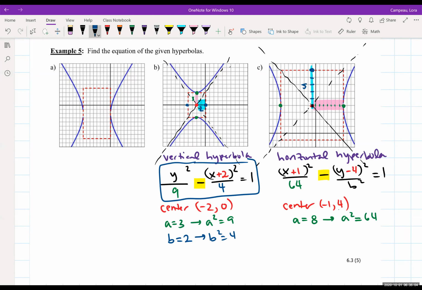So we have 5 here, and the 8 over here. And so we should have b equals 5. So b squared equals 5 times 5, which is 25. And now we have the equation of this horizontal hyperbola.